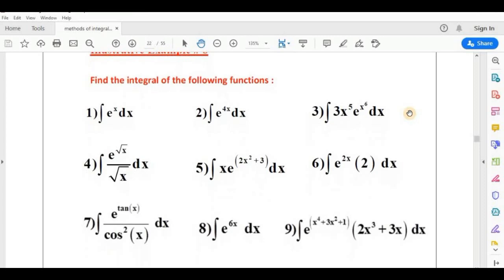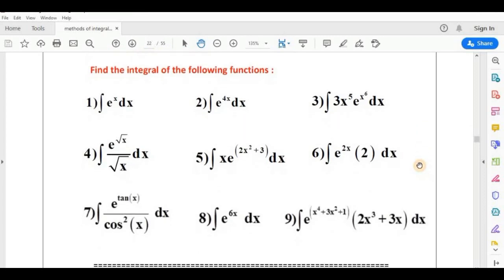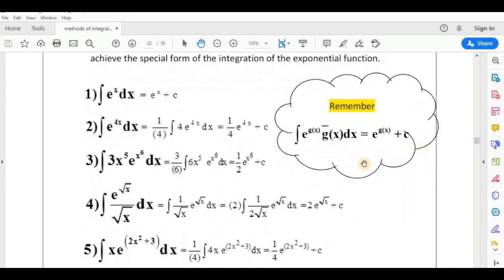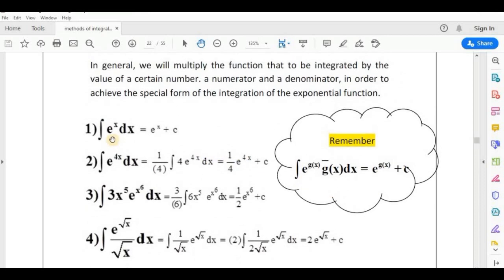Find the integral of the following function. Let's see how we will solve it. Just remember, this is the special form of the integral of the exponential function. We need the derivative of g(x), so the integral result will be e^g(x). Let's see, this is simple.